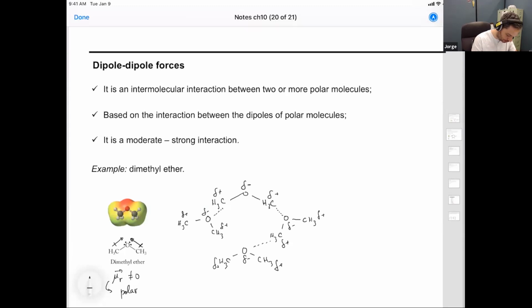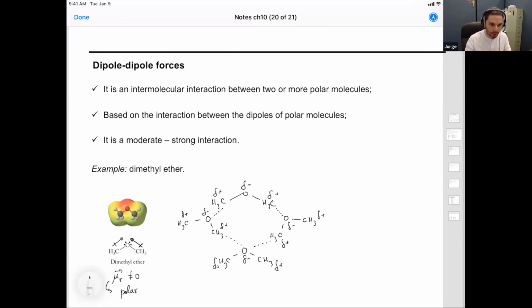So that will attract here, and that will extend towards the whole compound. Okay, so that's how dipole-dipole forces work. Because you have a very defined polarization in the molecule, this kind of interaction can be classified as a moderate to strong interaction.